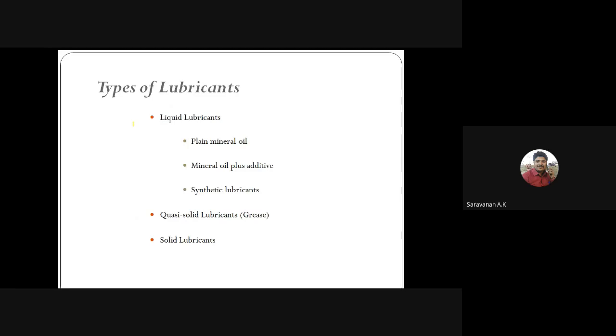The liquid lubricants are the generally preferred ones for lubricating purposes, because they are drawn in between the moving parts by hydraulic action.